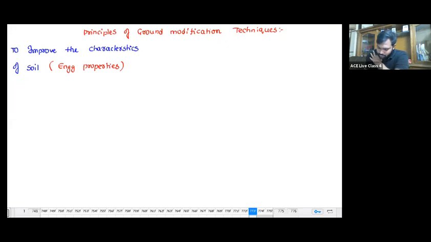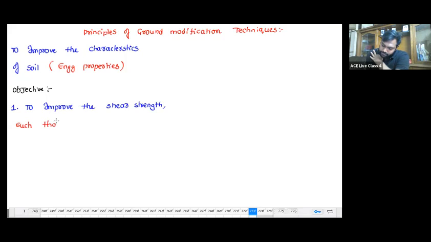Okay. Now, if you observe the objective, what is our objective, sir? To improve the shear strength such that stability and bearing capacity of soil increases.